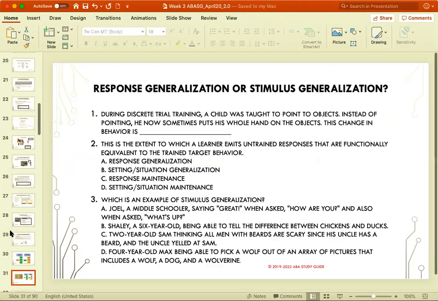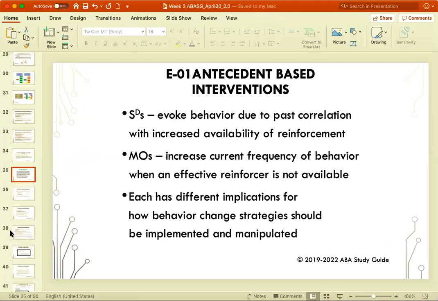So let's talk about antecedent interventions. We talked about our SDs. Our SDs evoke behavior due to a past correlation with increased availability of reinforcement, right? In the presence of that SD, you continue to emit that behavior because of the potential availability of reinforcement, or the differential history of reinforcement.